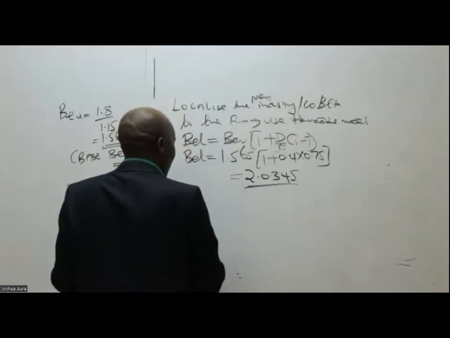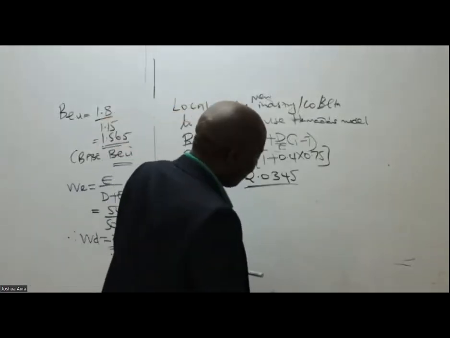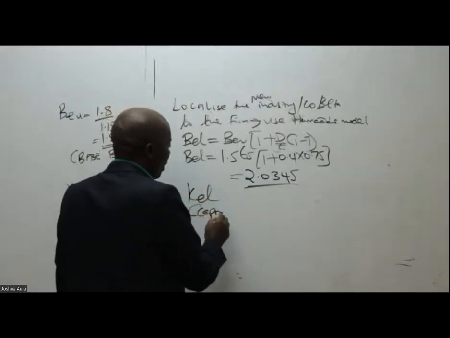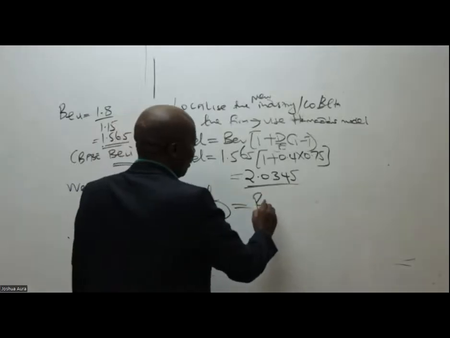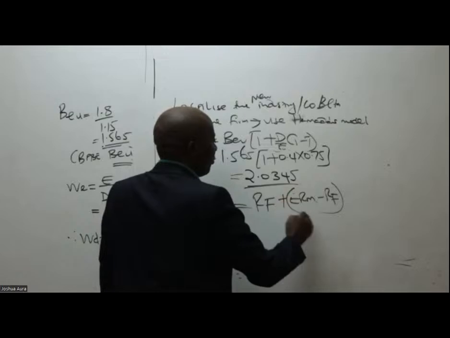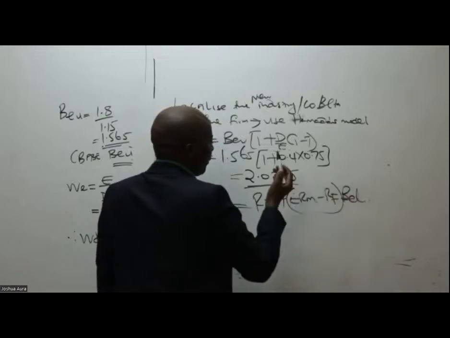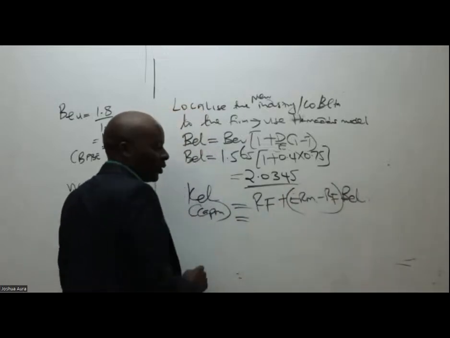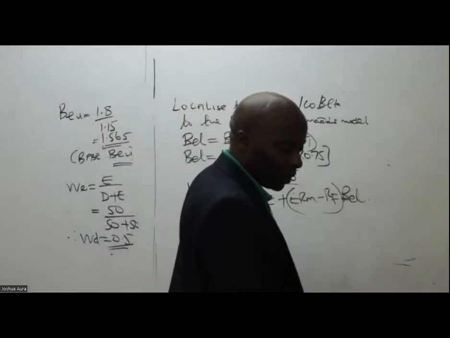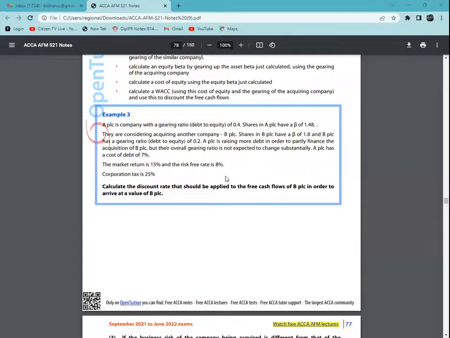So straight away, I'll go to KEL using CAPM. So this one here will be risk-free plus ERM minus risk-free multiplied by the beta equity of this firm that we got up. Unfortunately, we have these metrics. Are you able to see the risk-free rate of return? I'm being told it's 8%.